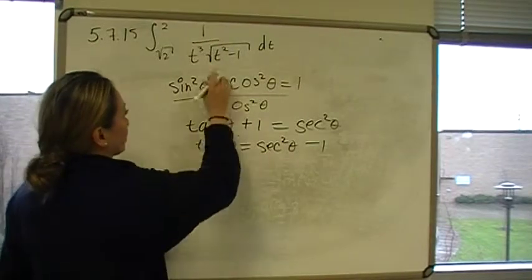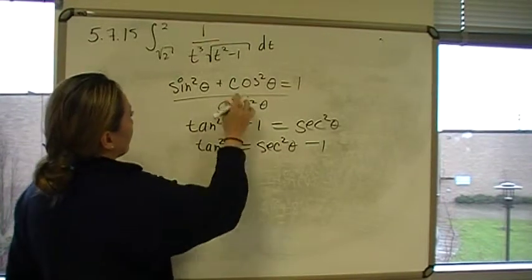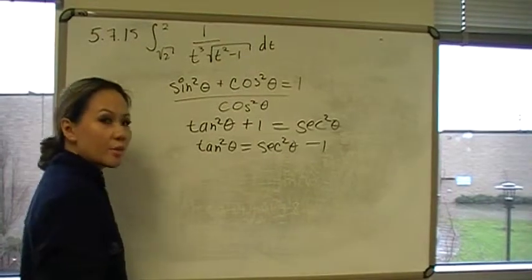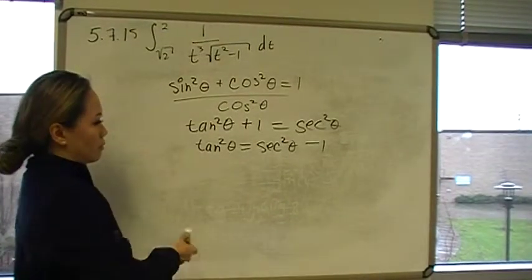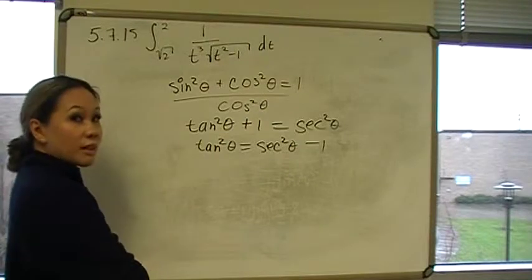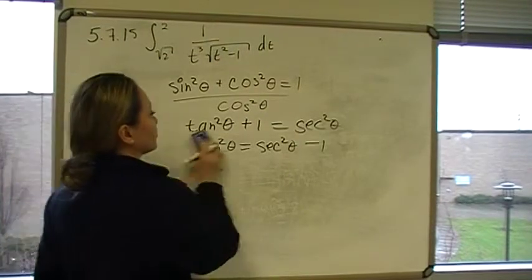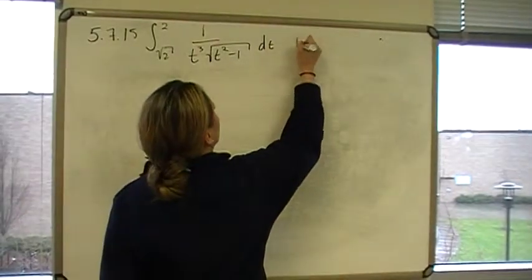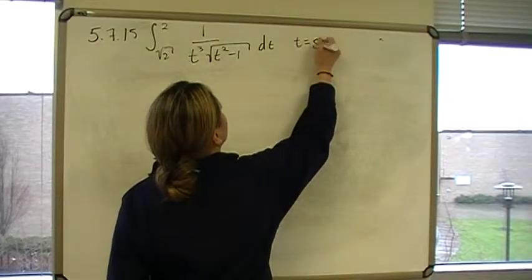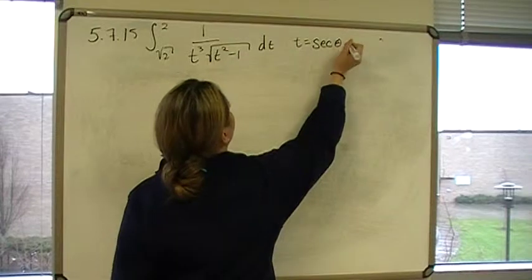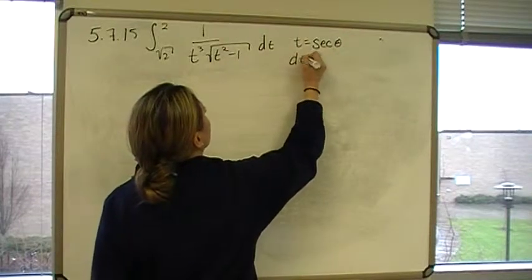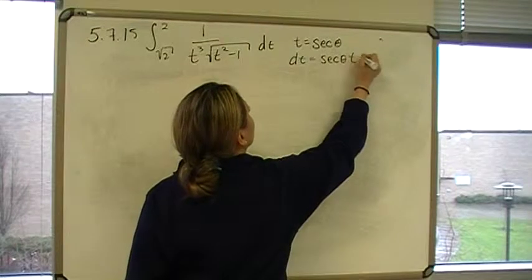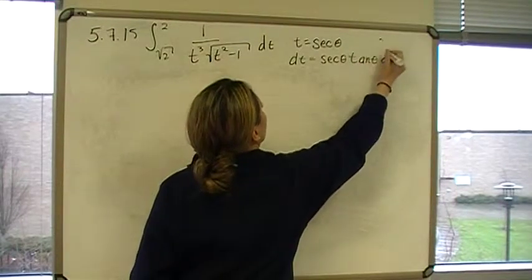So if I set t to be secant theta, then I would have this, and it would just become the square root of tangent squared theta, which looks easier to do. So let's try that strategy. We're going to let t equal secant theta. dt then will be secant theta tangent theta d theta.